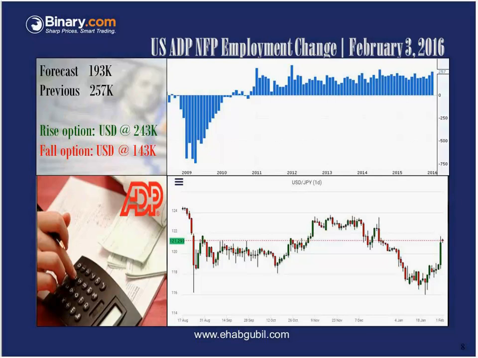So rise option at 243 or more, and fall option at 143,000 or less. We will be trading this news based on the after-news retracement trading method. If we don't get the deviation number, expect the market to follow the pre-release market condition and sentiment.